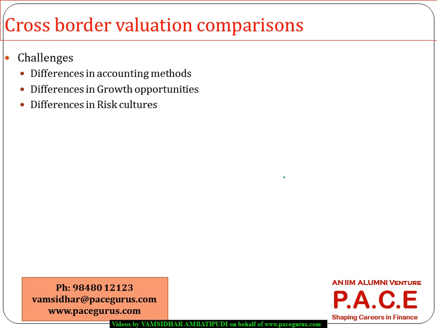Now the next thing is, especially if I am looking at cross border comparisons. Let's say I want to take the P by E of a US firm and compare it with the P by E of a UK firm. First of all, if the US firm is following US GAAP, whereas the UK firm is following IFRS, the way they have arrived at this E is different.